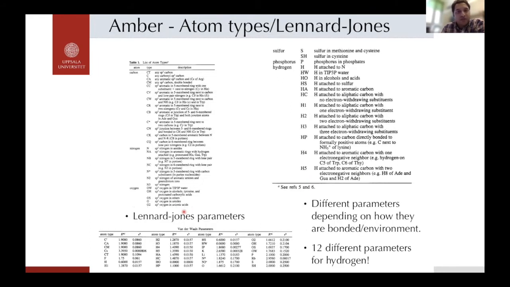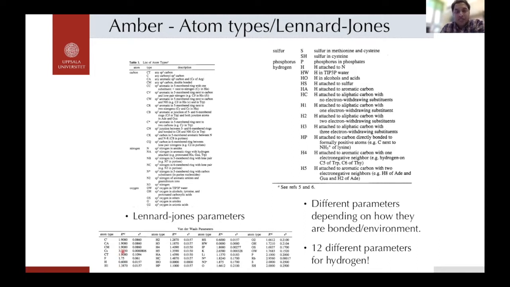For example, I will show you one example, the AMBER force field. Here you can see that all these different types of carbons are defined. And there are almost 12 different parameters for hydrogen itself. Hydrogen can be attached to nitrogen, it can be part of a water molecule, and it can also be part of an aromatic carbon ring and different other places. Based on that, all these different parameters are defined for the Lennard-Jones potential.